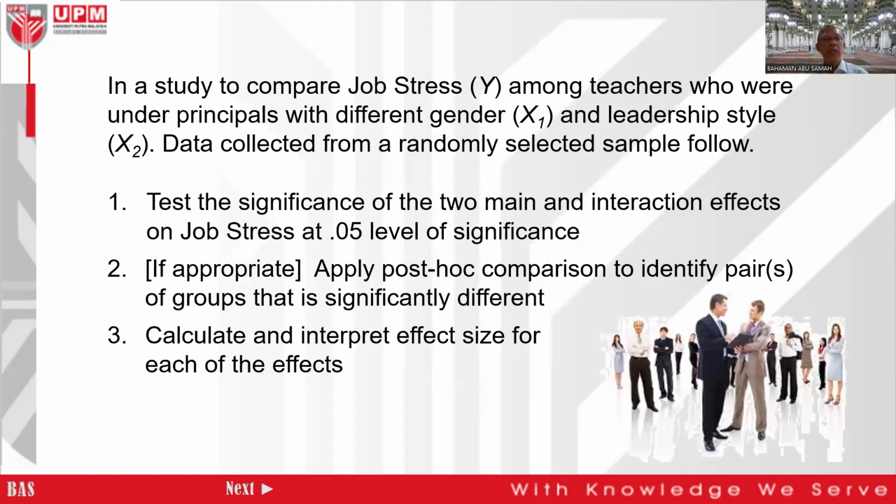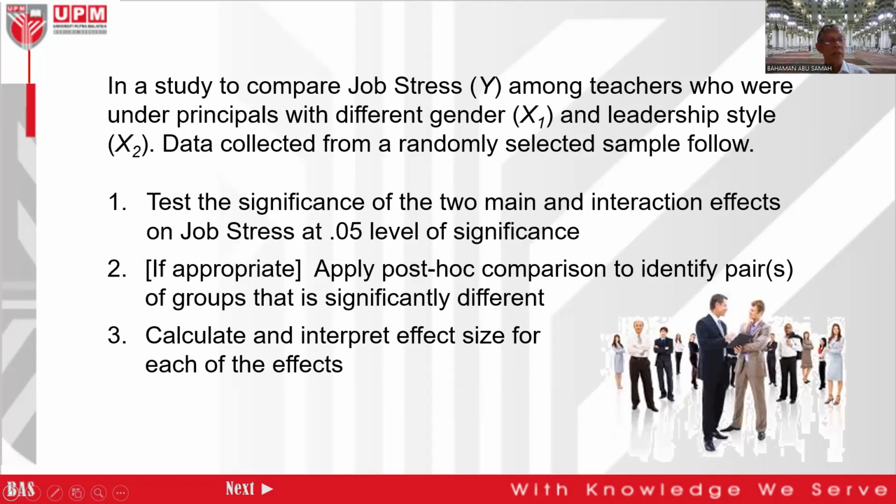The example here will be, in a study to compare job stress. The job stress is our dependent variable among teachers who were under principals of different gender and leadership style. We want to compare the teacher stress, but not based on the teachers' own factor, but on factors of the principal they are working under: different gender, male and female, and leadership style.